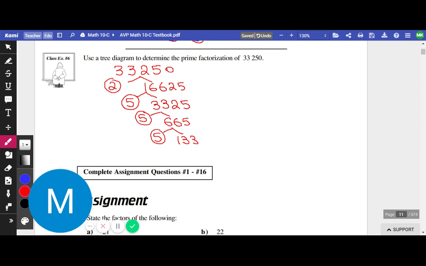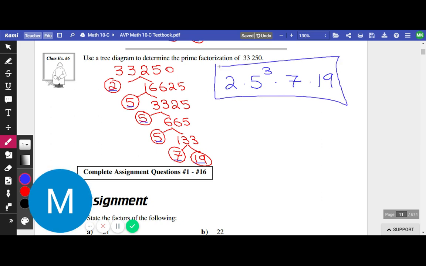It divides by 7 and 19. 19 is. These numbers become your prime factorization. So I have 2 times 5 to the power of 3 times 7 times 19. That would be my product of primes. Those things multiplied together would equal 33,250.